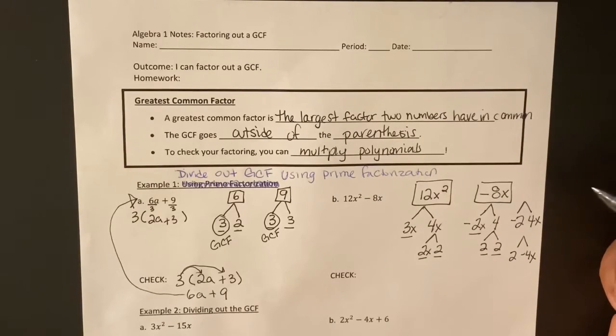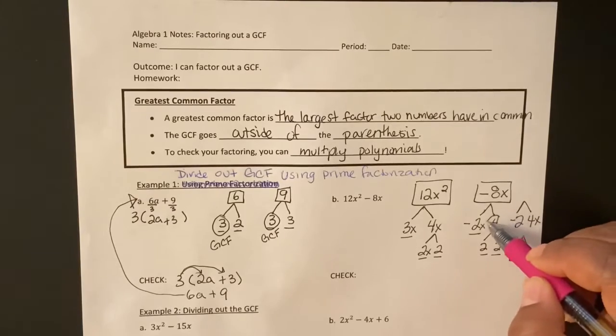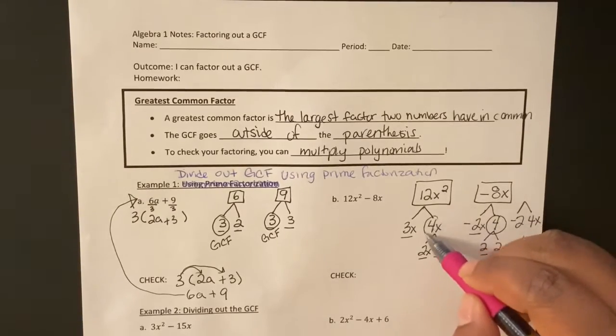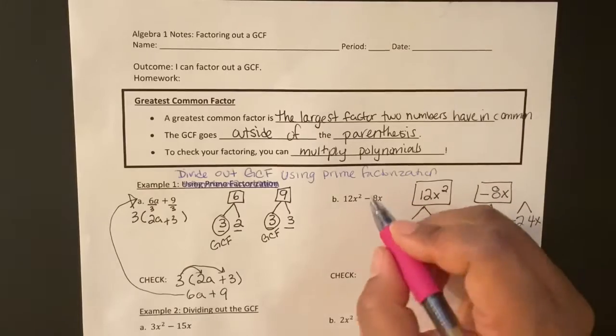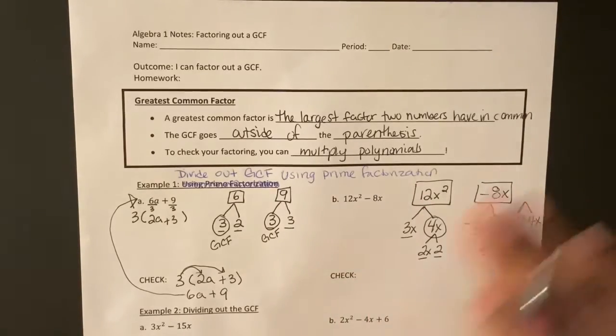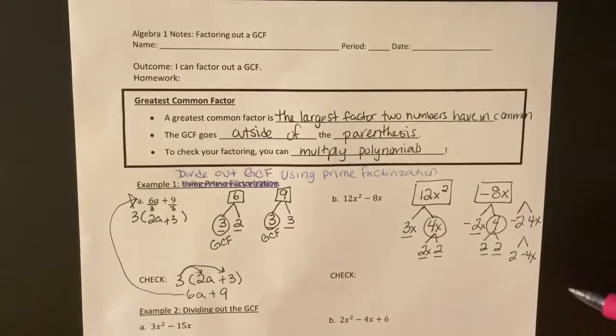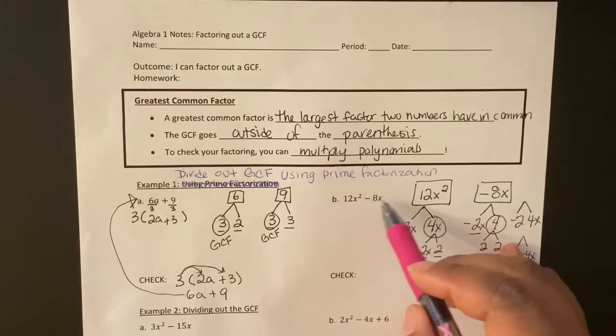Okay. If you see here, they have a 4 in common. The biggest factor they have is 4. But if you look here, you ask yourself, how many x's do they have in common just by looking at it?